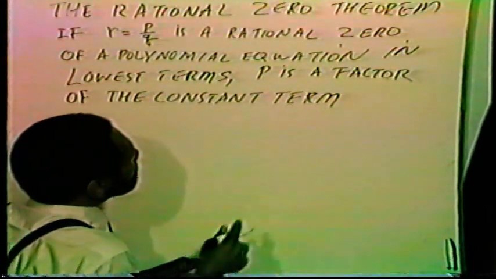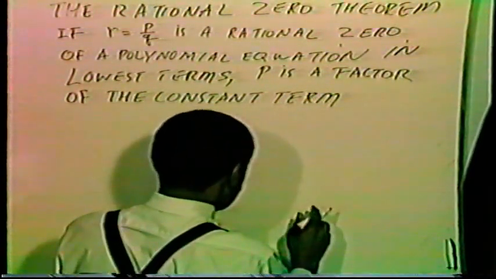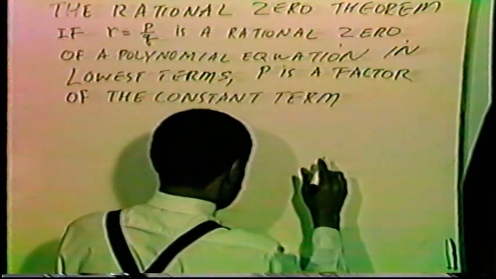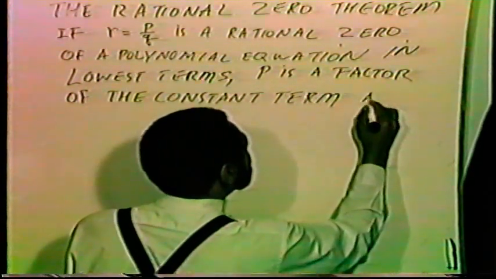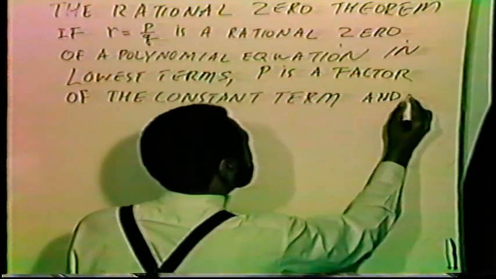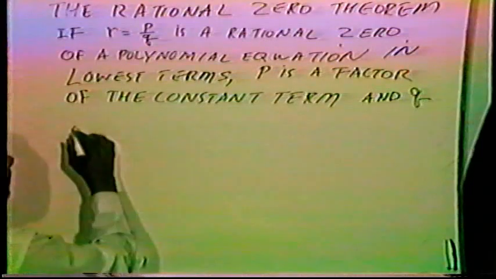It is a factor of the constant term. And the constant term, of course, would be the last term to the right in your polynomial function or polynomial equation. And Q, the denominator, is a factor of the leading coefficient.